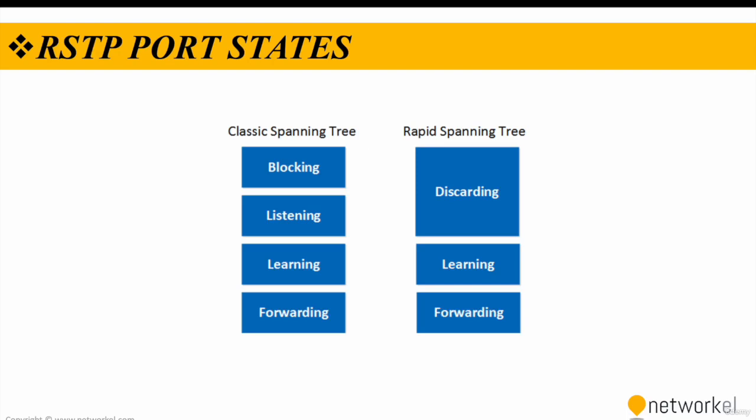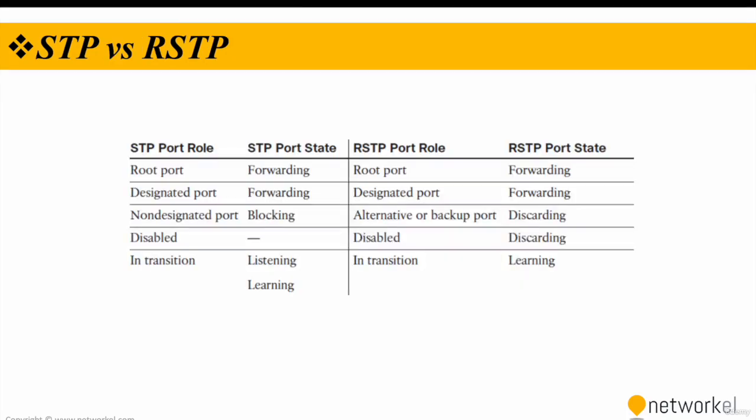And we have the forwarding state, that is the port forwards traffic and learns MAC addresses. So it actively participates in network communication and can send and receive frames. So this is the normal operation state, guys, where the port is fully operational and involved in passing traffic and learning the addresses.